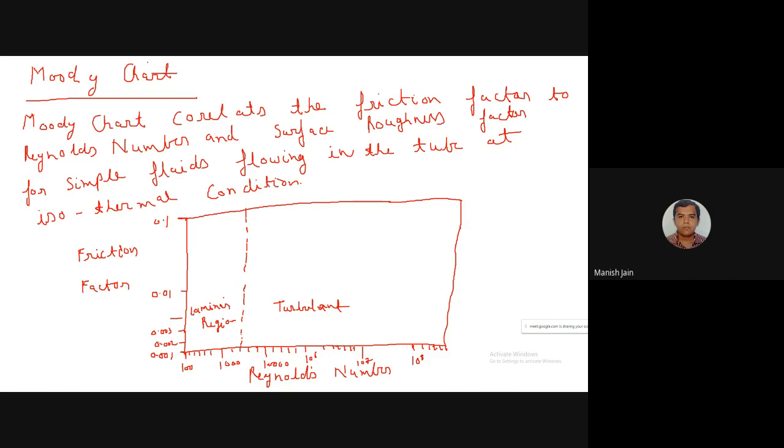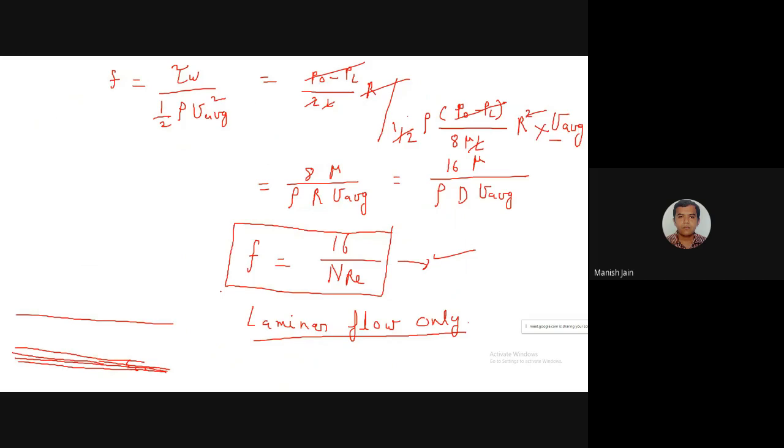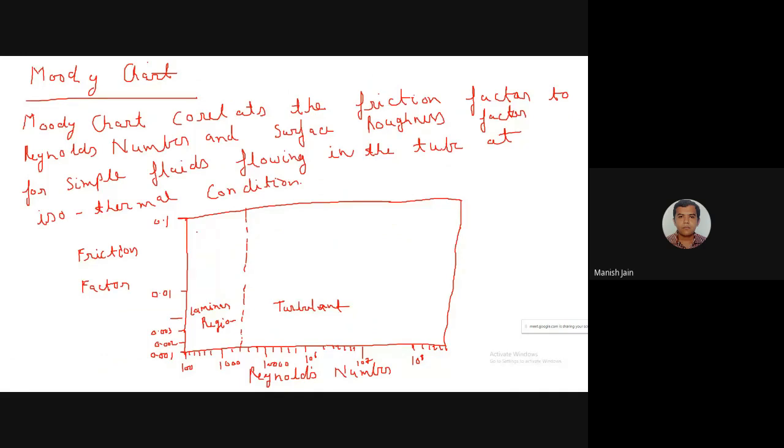In the laminar region, the Fanning friction factor is equal to 16 by Re. This can be represented by a straight line in the log plot. So this is basically the straight line which shows the correlation between the Reynolds number and the Fanning friction factor in the Moody graph.